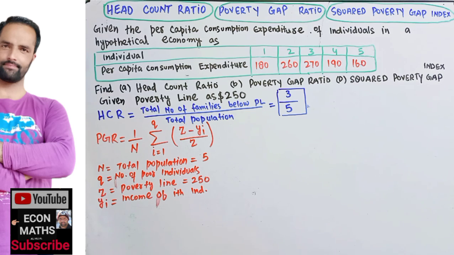Poverty gap ratio is equal to 1 upon N. So 1 divided by the total population, which is 5.